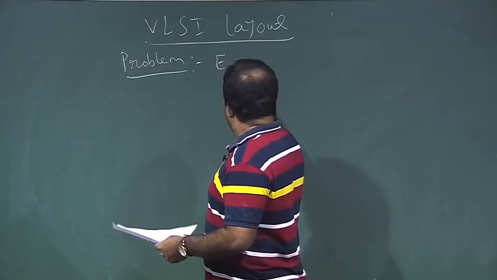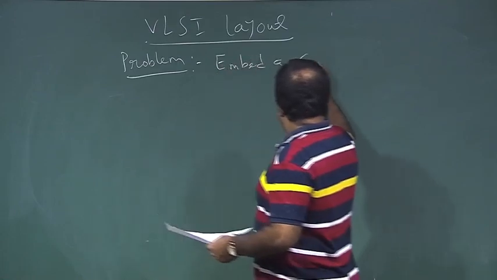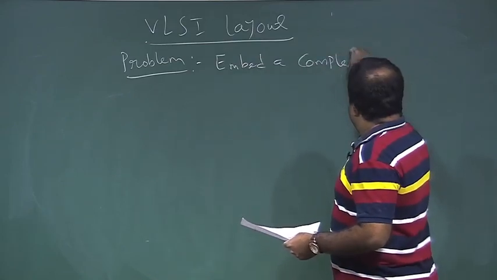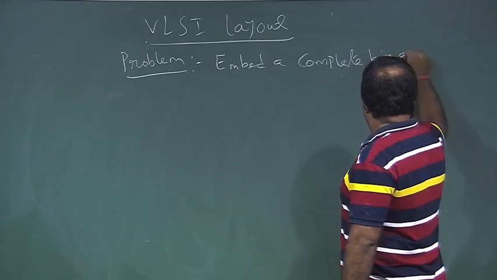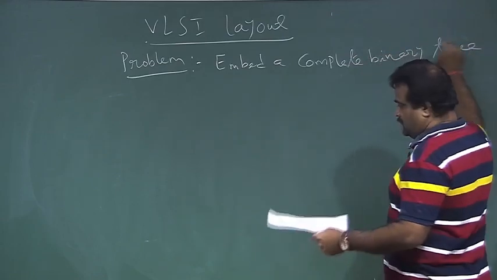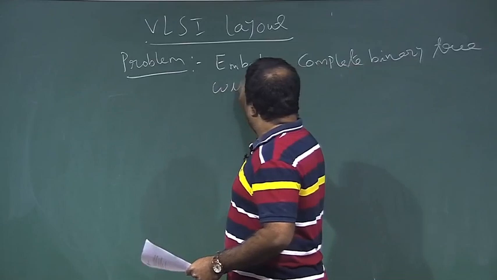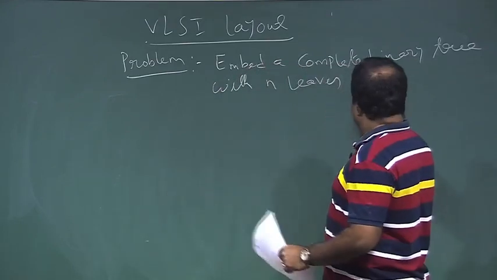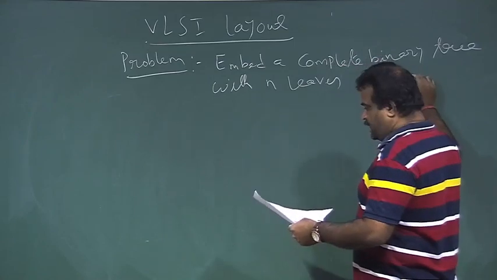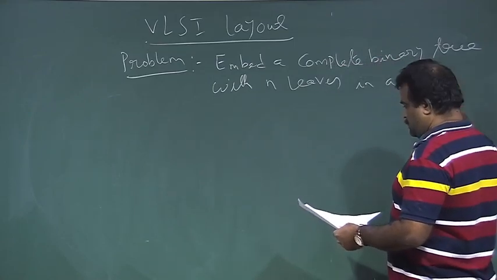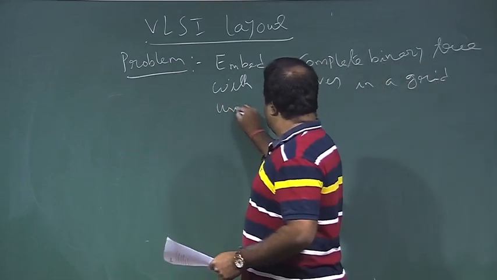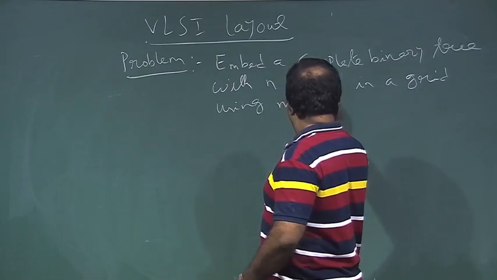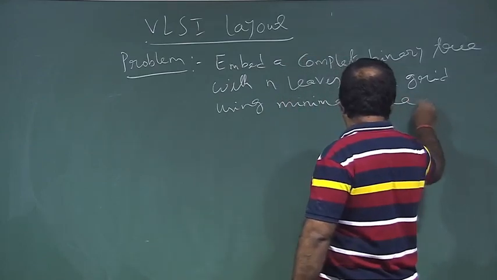This is the problem: embed a complete binary tree with n nodes, n leaves, in a grid using minimum area. So, we have a rectangular chip.